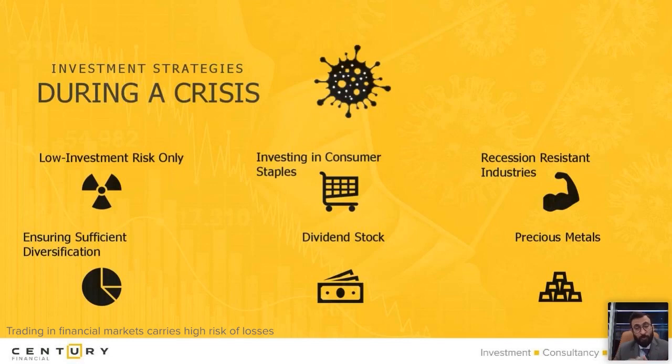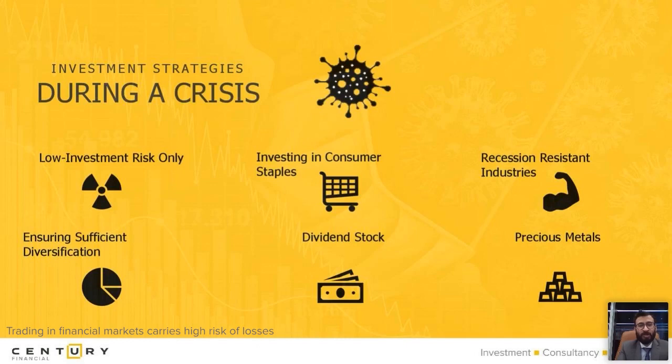Actually, I should talk more about Unilever, for example. Imagine during crisis, one thing which you will never stop: buying a toothbrush, or buying toothpaste, or buying daily products, which normally we call consumer staples.